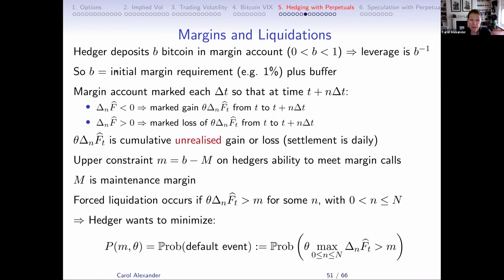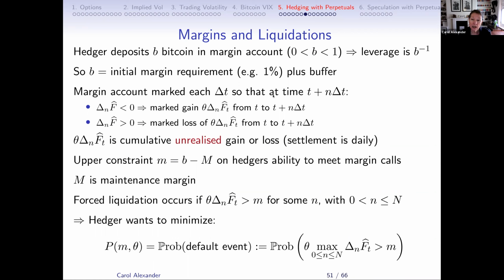So this is b is the initial margin requirement, like 1%, but it might be more like 5% or 20%, plus some sort of buffer so that you don't keep getting bothered with margin calls. And then the margin account is marked each delta t using the marked price, okay?